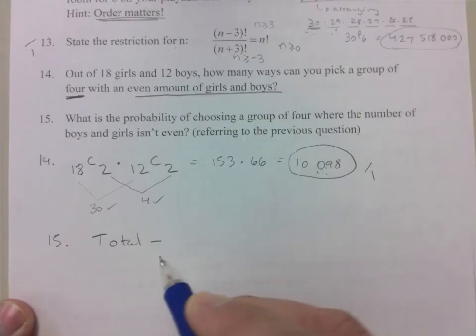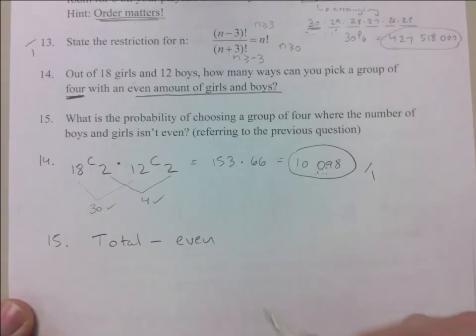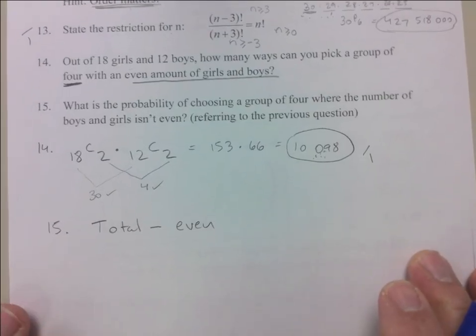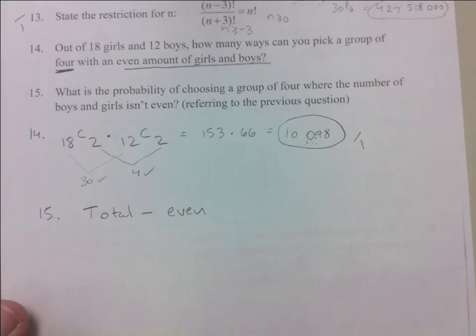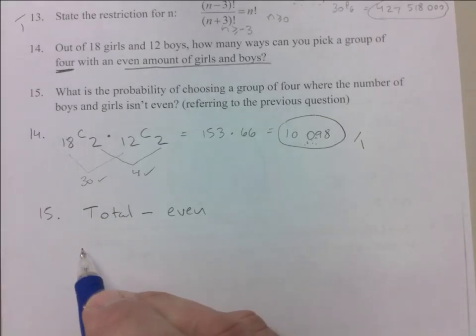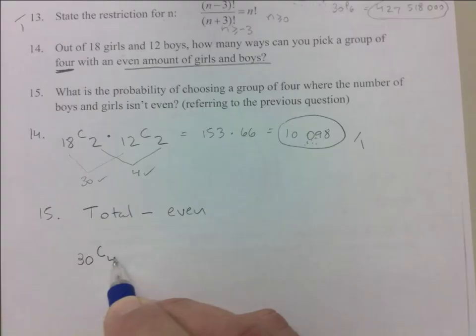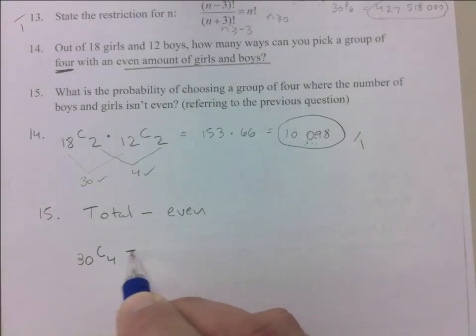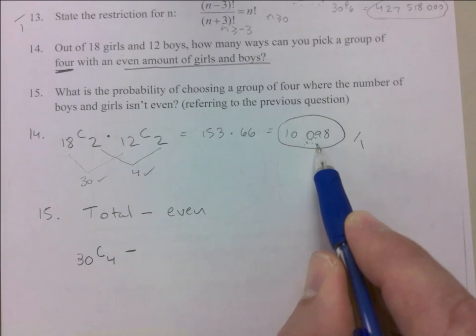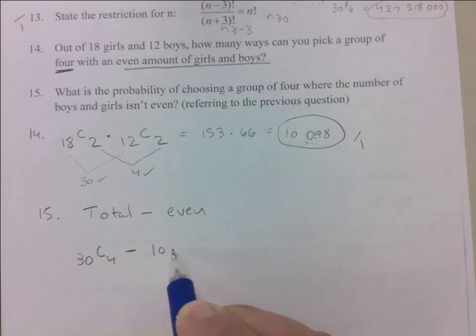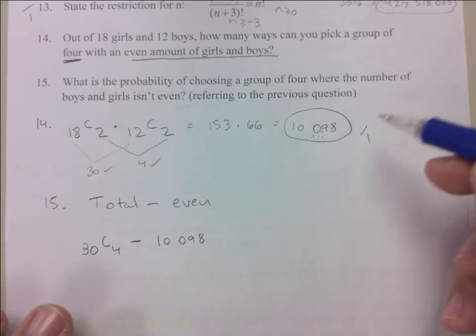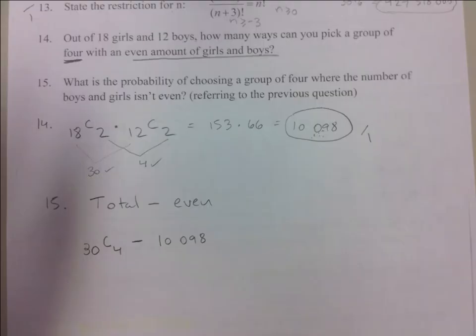Total minus even. I know. So what's my total number of groups that I can possibly create where I don't care? It's 30 choose 4 minus 10,098. We're just going to make this worth 1 mark because you could use previous answer for this.